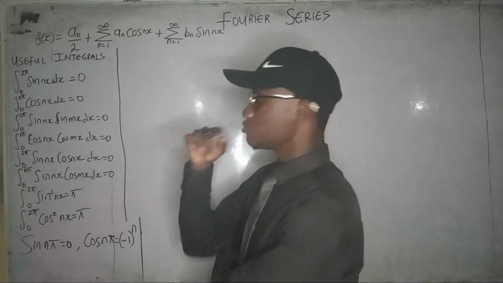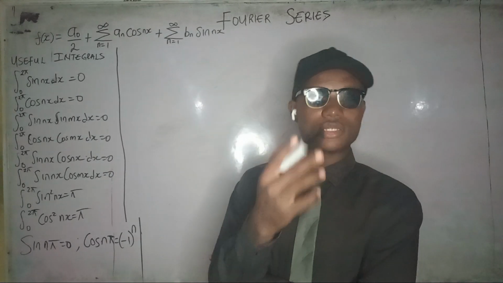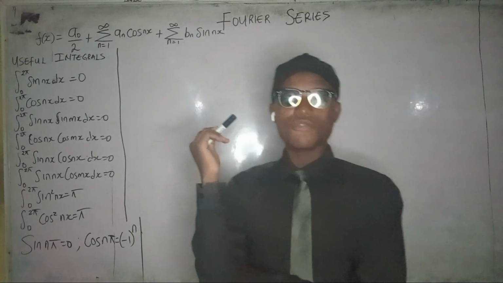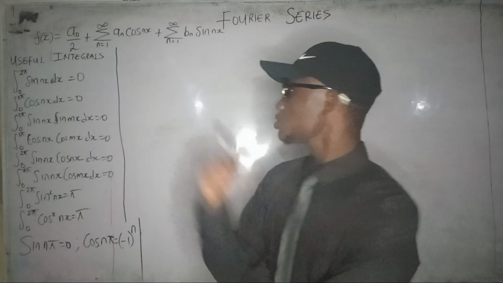So let's do that for both sides. We multiply both sides by the integral from 0 to 2 pi of cos nx.